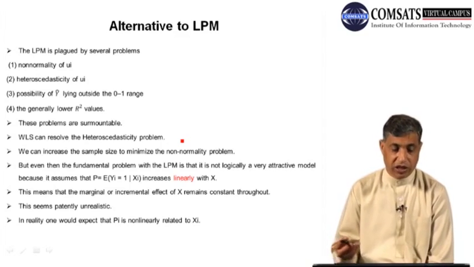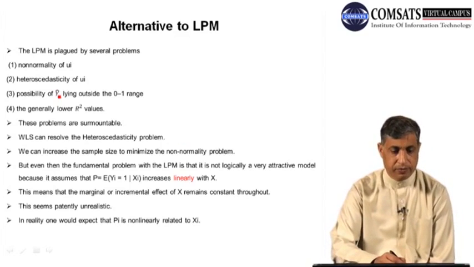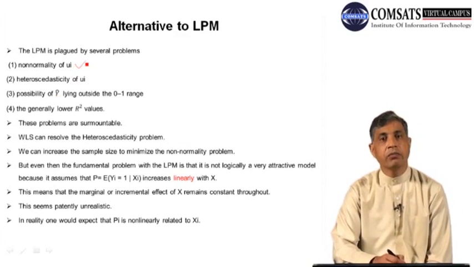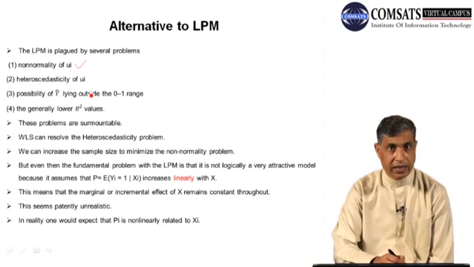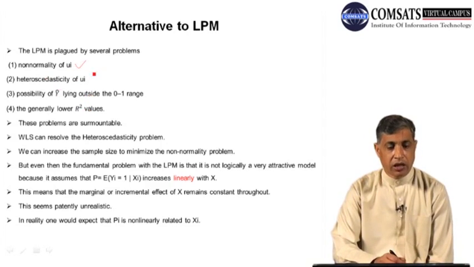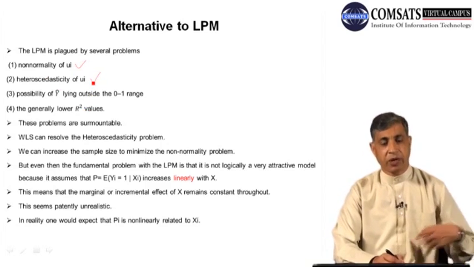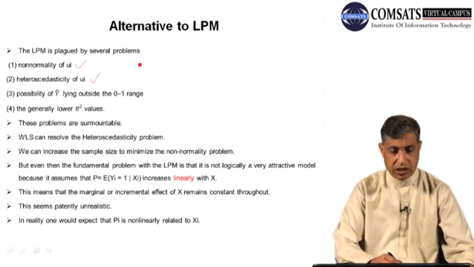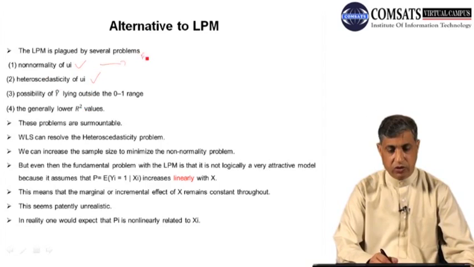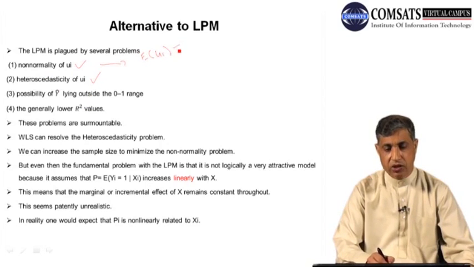Now I would like to again, remember, this was the problem with the LPM: our residuals were not normally distributed, that is, the expected value of Ui is not equal to 0.